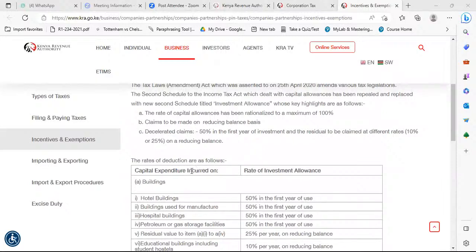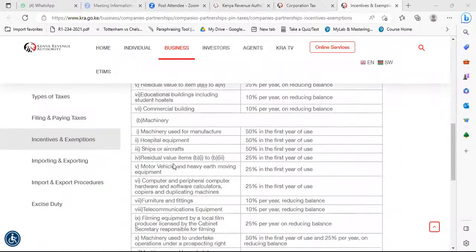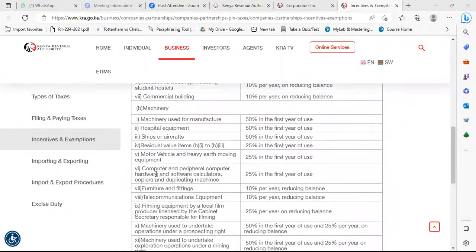We have capital expenditure incurred and the rate of investment allowance. So we have buildings there. We are looking for computer software. So computer and peripheral, computer hardware and software, calculators, copiers and duplicating machines.